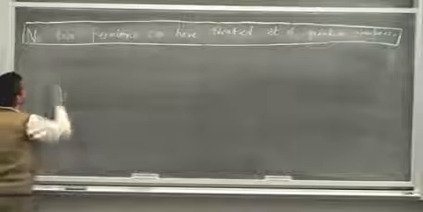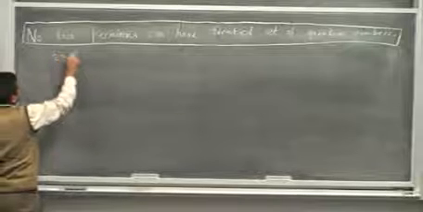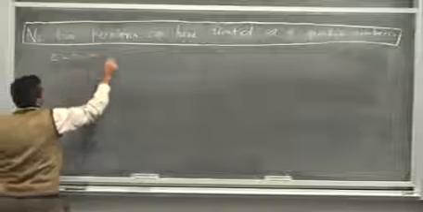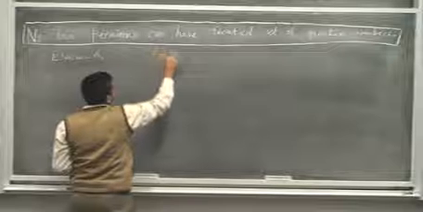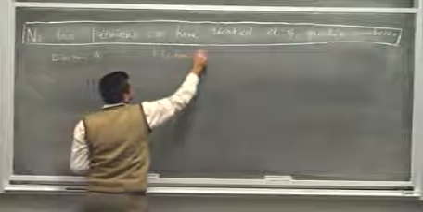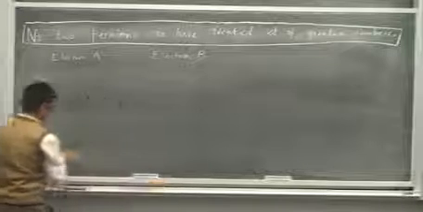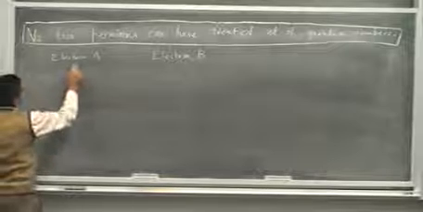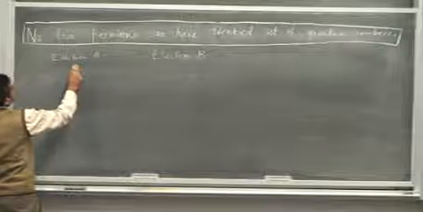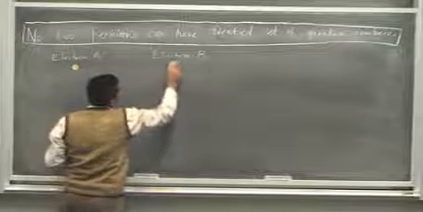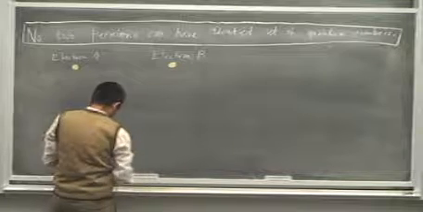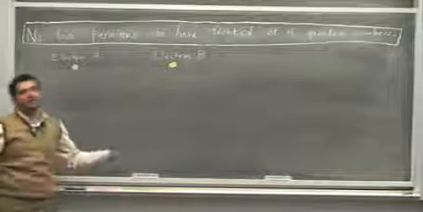So you have two electrons in the same energy level, electron A and electron B. Don't take these spheres too literally, but just for purposes of illustration, this is electron A, electron B. They are in the same energy level.